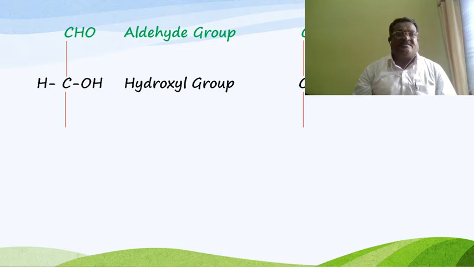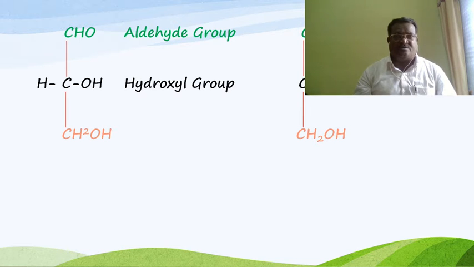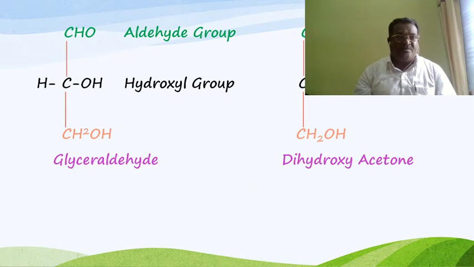You know that CHO is the aldehyde group, and HCOH is a hydroxyl group. It forms CH2OH. So CHO, HCOH, that is aldehyde and hydroxyl group, then CH2OH, is called glyceraldehyde.